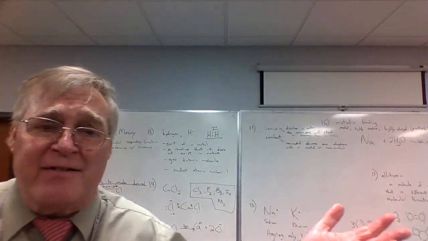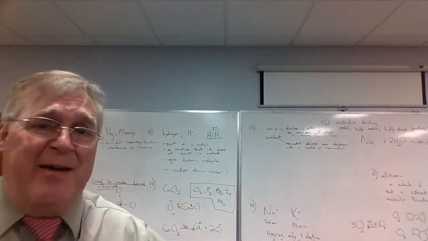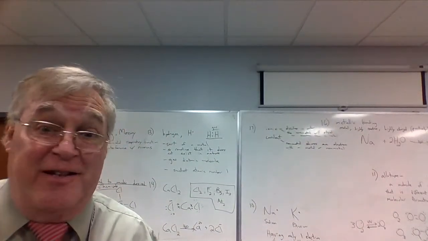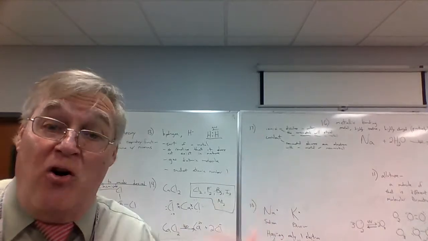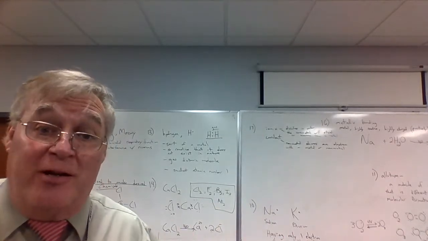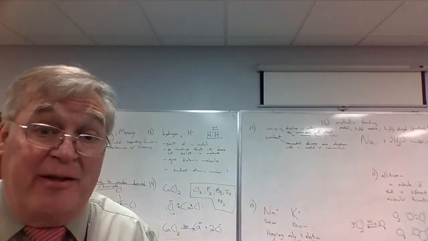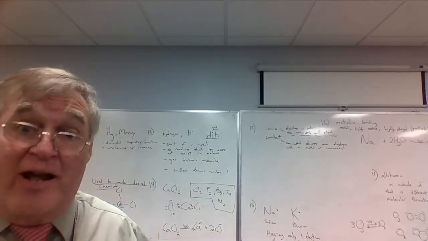and so neon is a noble gas. It doesn't react with anything. No other element on the periodic table. Neon does not react with it because it has a full outer energy level. It doesn't want an electron. It doesn't want to give up an electron. But fluorine wants an electron really, really bad. As a matter of fact, you will not find fluorine element in nature unbound with another element.